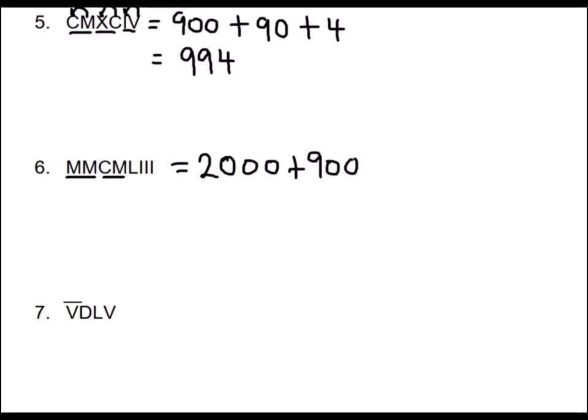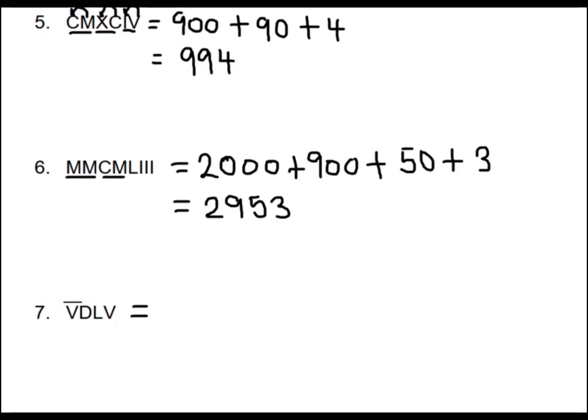Then L is 50. Then III, that's 3. So if we join this together, this is going to give 2953. Okay, so let's move to the next question.